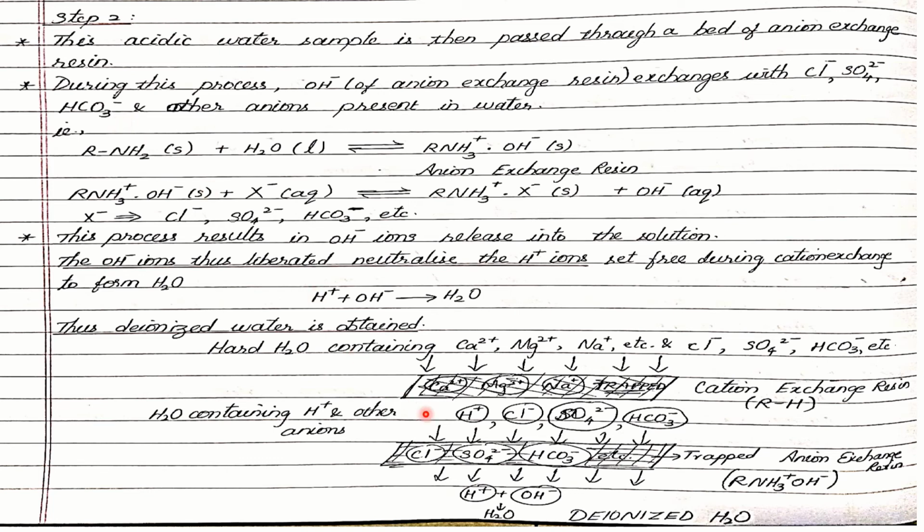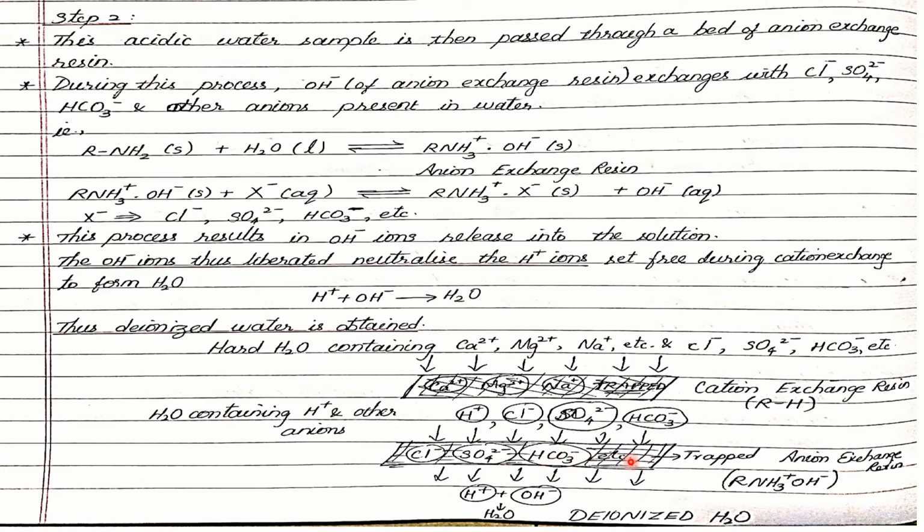Now, when water containing H+ cations and anions like Cl-, SO4 2-, HCO3-, and so on is passed through an anion exchange resin bed, it exchanges its OH- ions with these anions, that is Cl- ion, sulfate ions, hydrogen carbonate ion, and so on. X- denotes the anions that were present in the hard water.